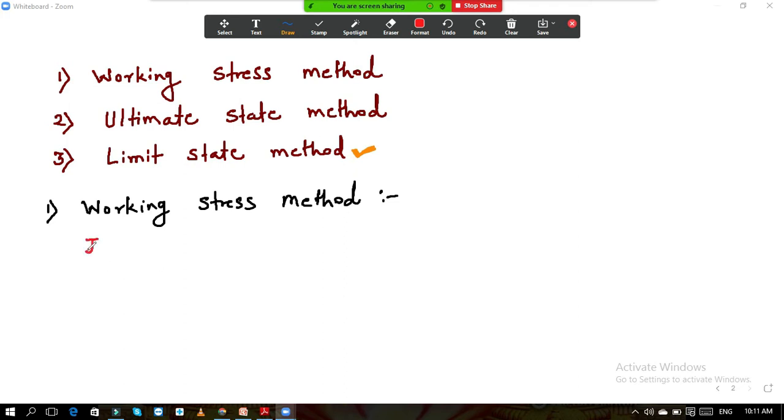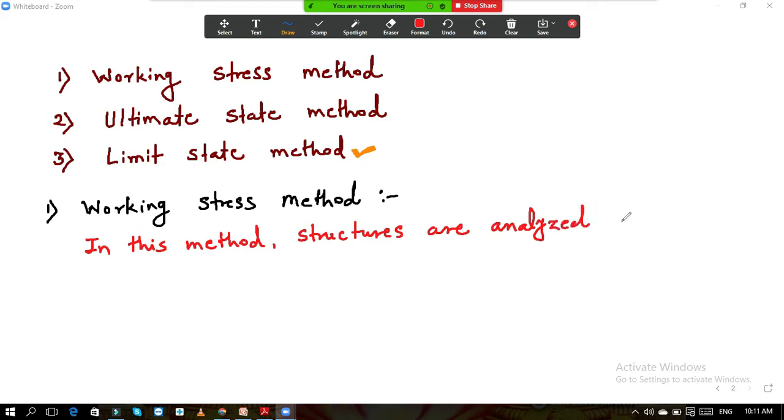In this method, structures are analyzed by the elastic theory.